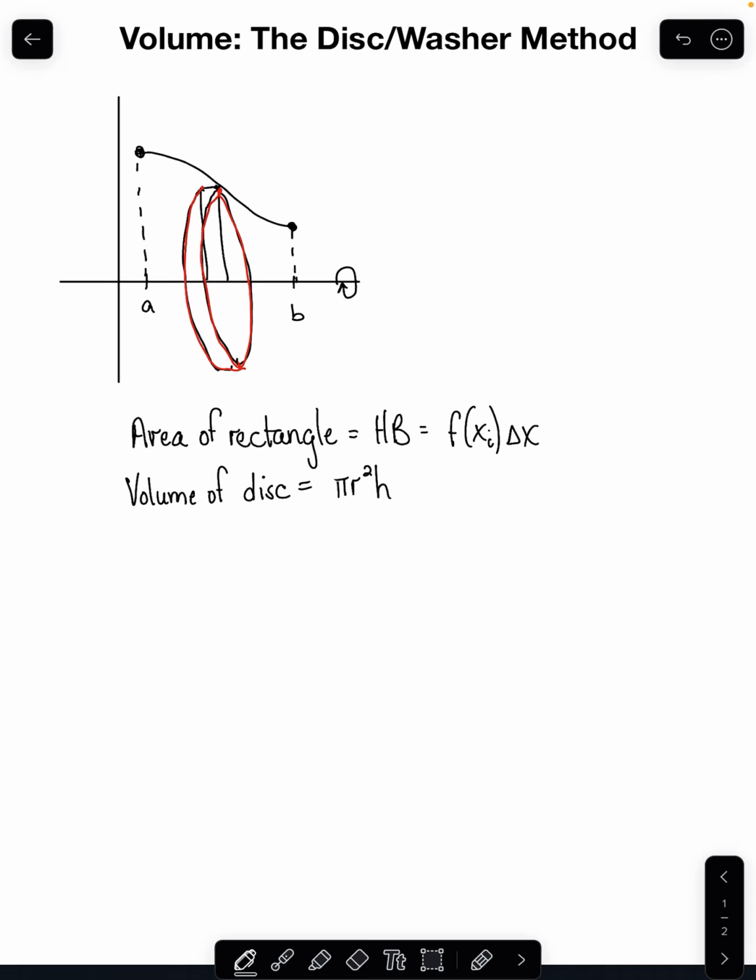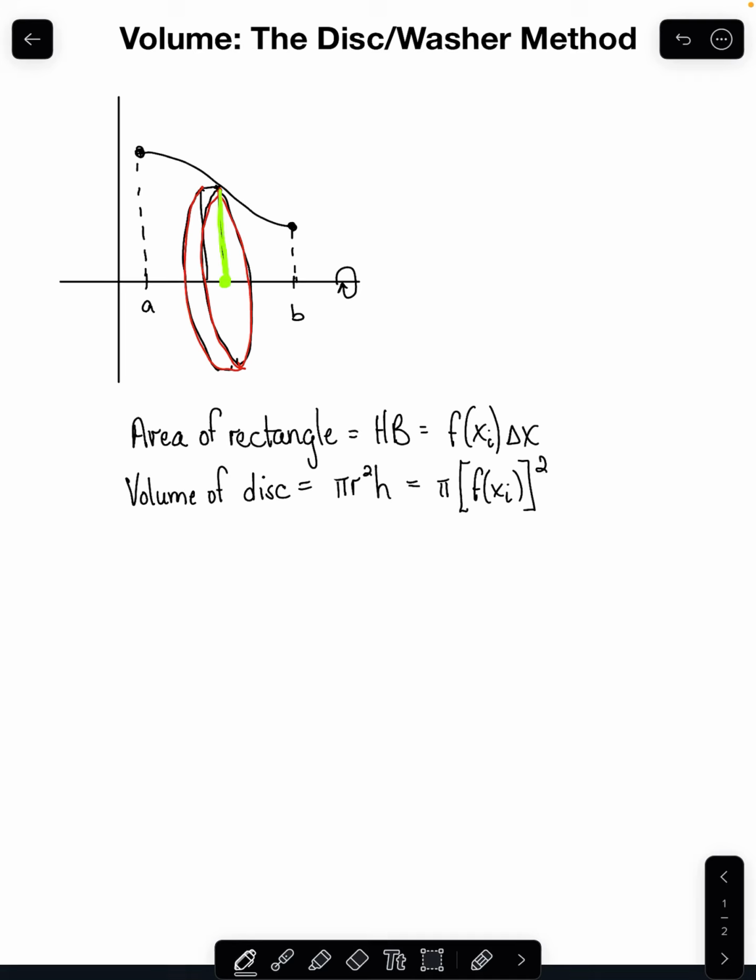That's the volume of a cylinder, where the radius of the cylinder is going to be from the center of the circular cross-section to the edge of the disk, which is exactly the height of the function. The radius is the y value of the function.